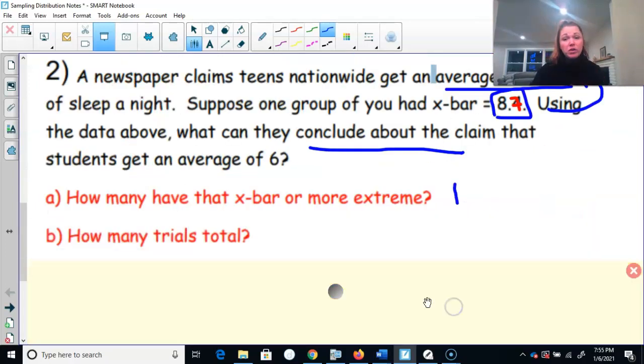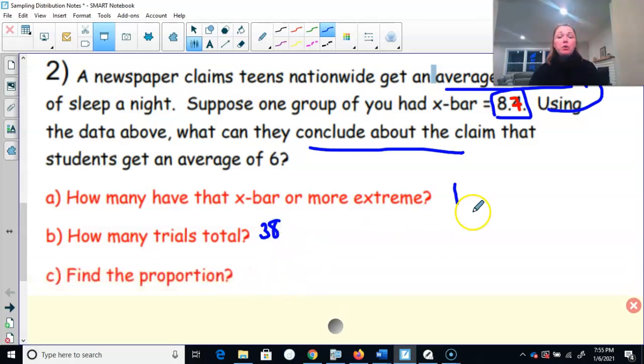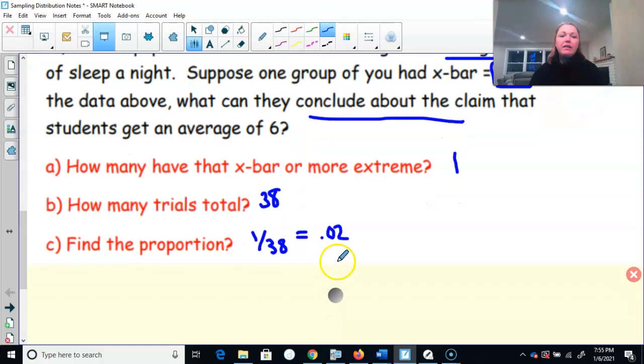How many trials total? That's going to be 38, because there's 38 X's up there. Find the proportion. That means take this 1 divided by 38 every time you're doing this, okay? If you follow my steps, 1 divided by 38 is approximately 0.02, excuse me.